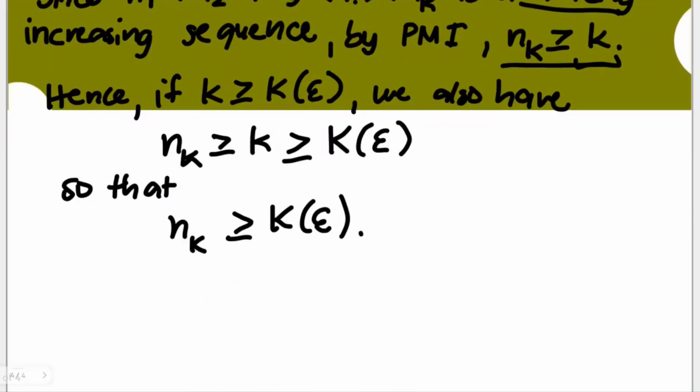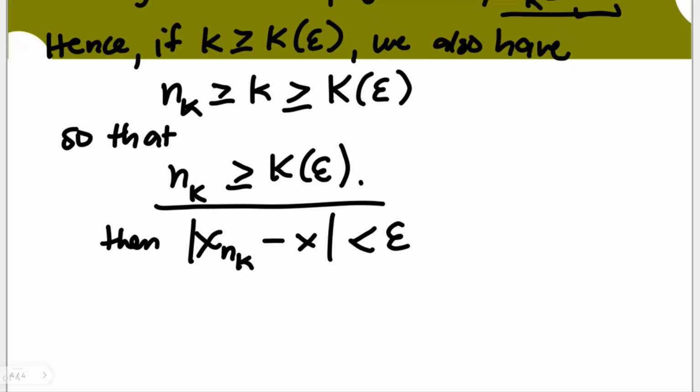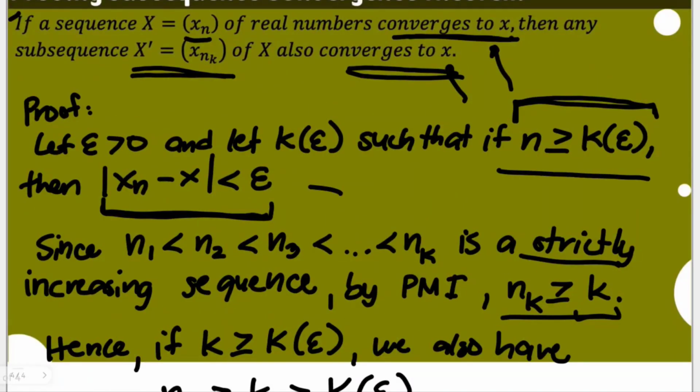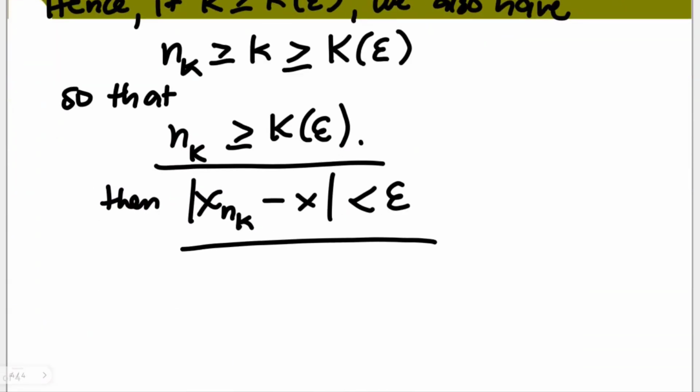With that, using this idea, we can now say that x of n sub k minus x is also less than epsilon. We're just changing this to n sub k, following the structure of the definition.